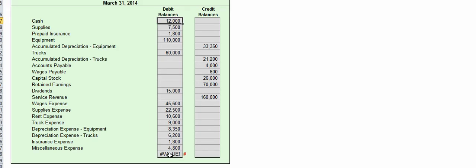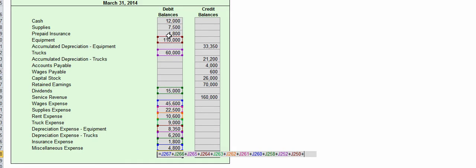Let's try again. 4,800 plus 315,150, which was our total up above on the worksheet.